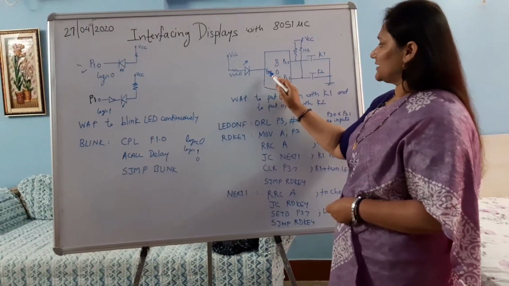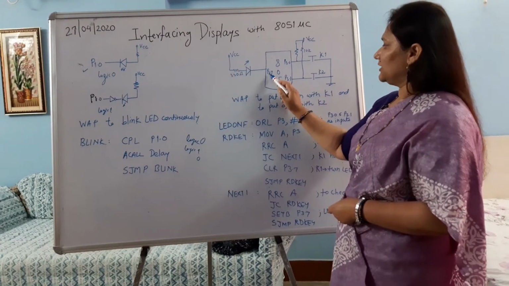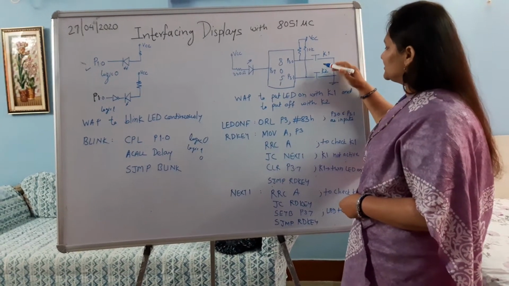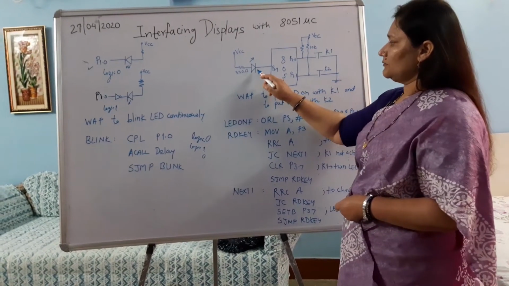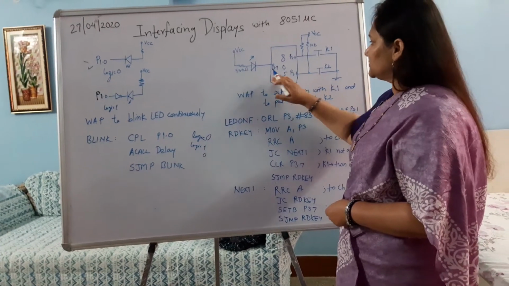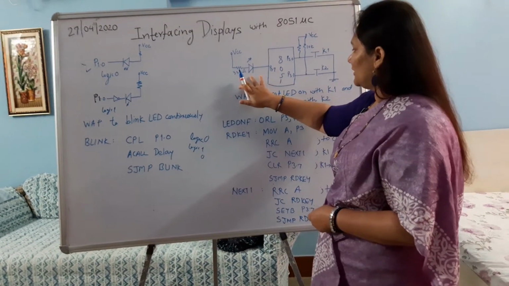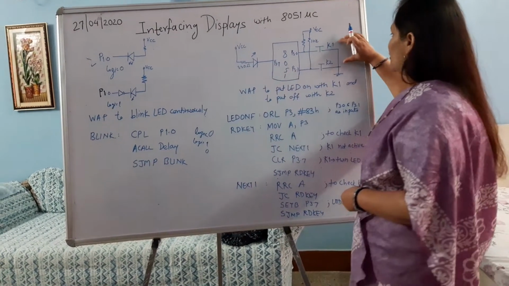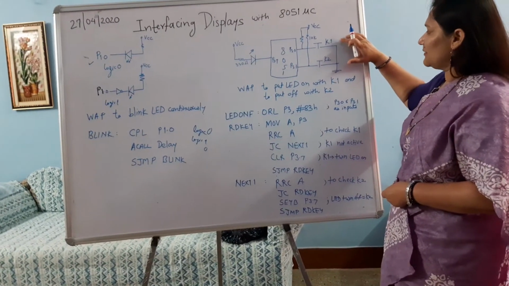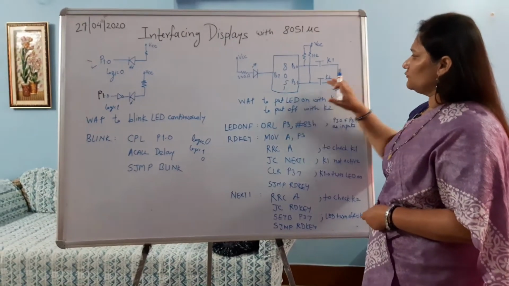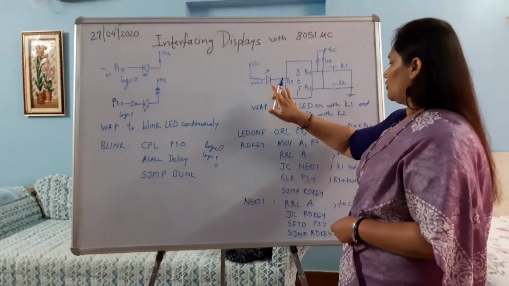The LED is connected at port pin 3.7, and if key 2 is pressed, then the LED should be put off. So you are interfacing the LED and making it on and off with the help of key 1 and key 2. Accordingly, you will put the LED on and off.